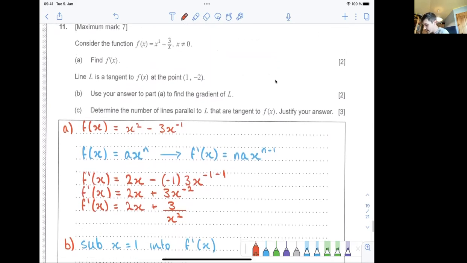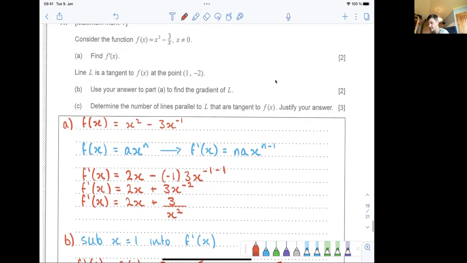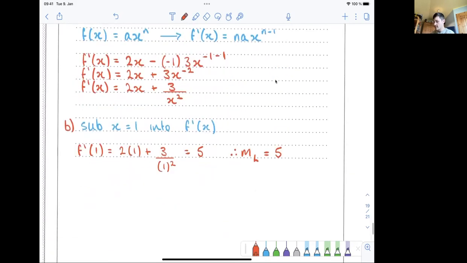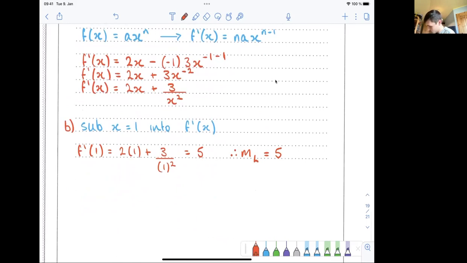So moving on to part C, we are asked to determine the number of lines parallel to L that are tangent to f(x), and justify your answer. This one's definitely a step up from the other two. Essentially, what this question is asking us is to find how many possible values of x there are which you sub into f dash x, our first derivative, and then that equals 5.